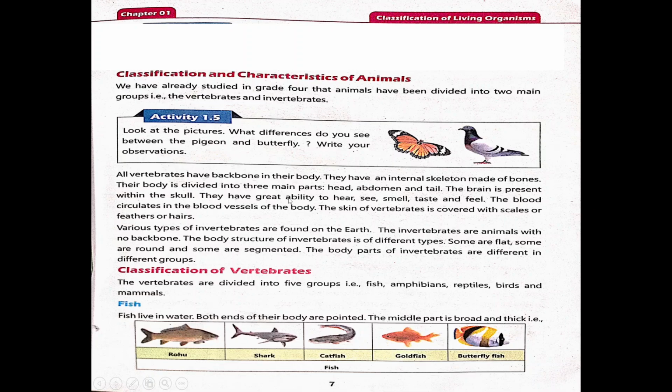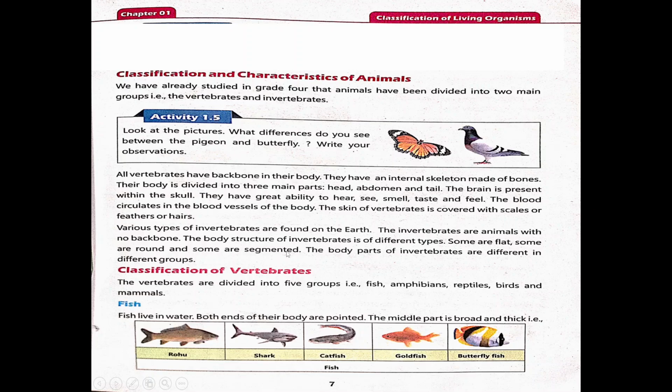They have great ability to hear, see, smell, taste, and feel. The blood circulates in the blood vessels of the body. The skin of vertebrates is covered with scales or feathers or hairs. Various types of invertebrates are found on the earth. The invertebrates are animals with no backbone.